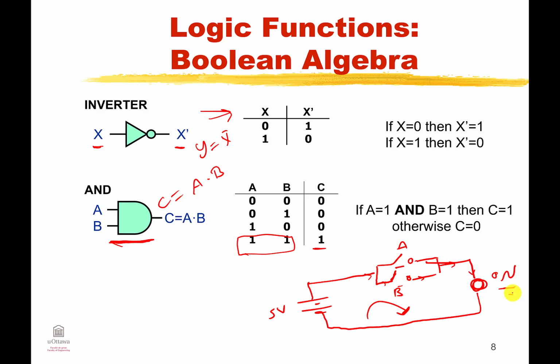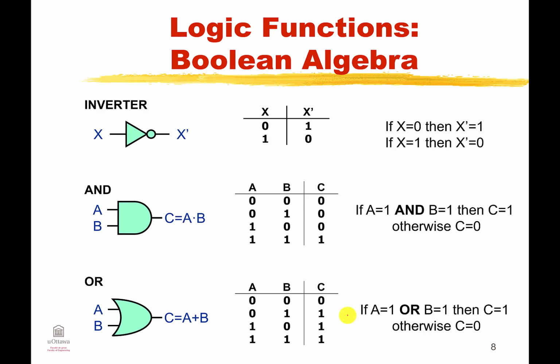So if any of A or B is conducting or is closed, I will have an output. If I apply that, guys, using the truth table representation, the output will be 1 if any of A or B is 1, or if both of them.